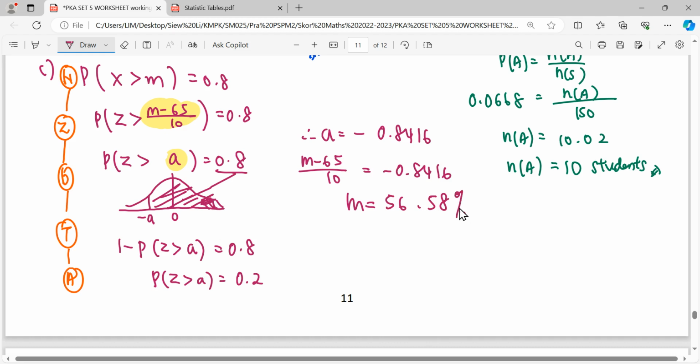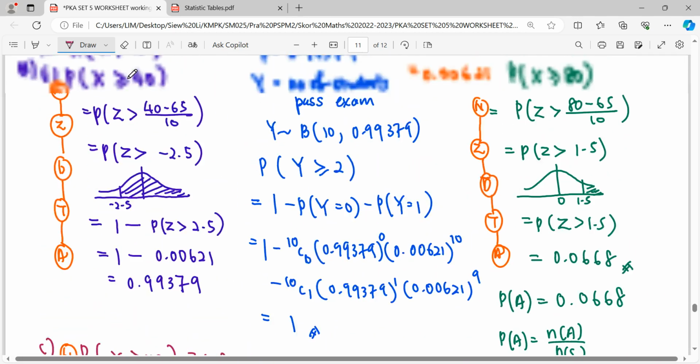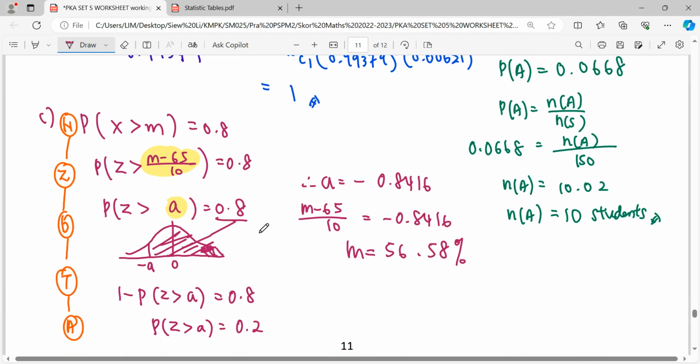So we get 56.58. Do we need to round off? The answer is no need, because this M is represented by marks. Marks come from the normal distribution just now. So for normal distribution, we can accept decimals, as it is a random variable.